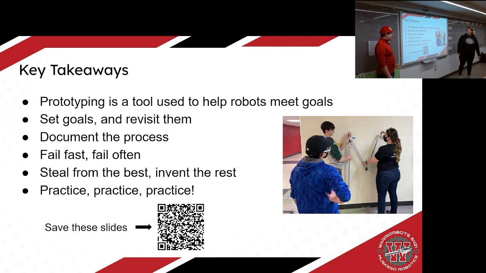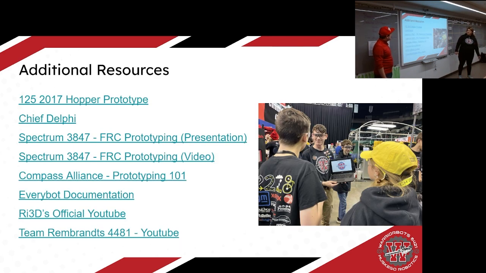We'll come back to that slide in a second, but we have a whole slide of additional resources here. Documentation for Robot in 3 Days for every bot. Oh yeah, you were right. Rembrandt's YouTube channel. Spectrum 3847 has amazing lists of information.